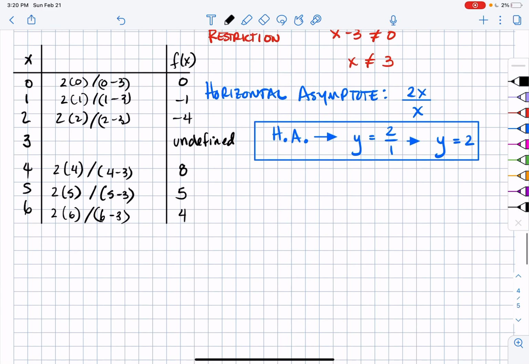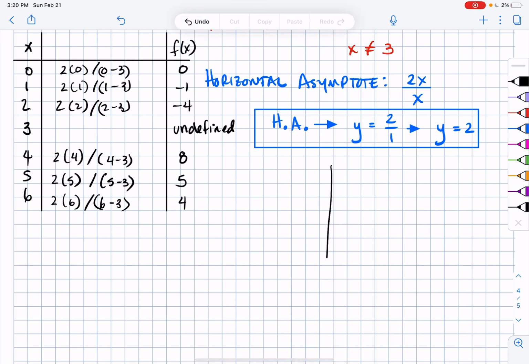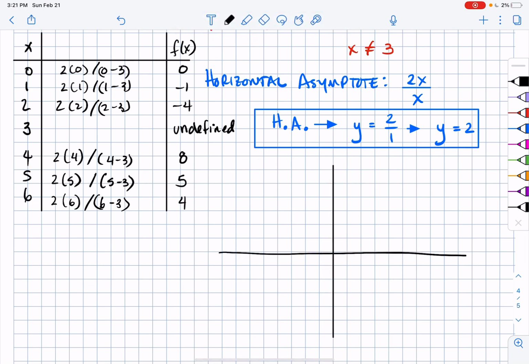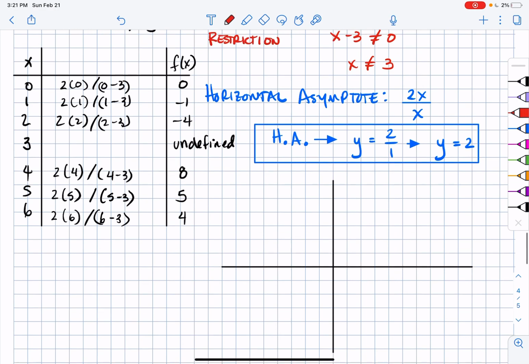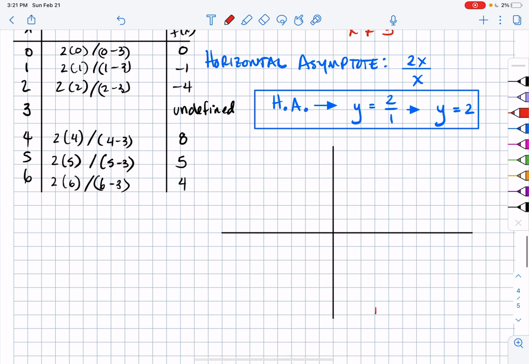Let me draw this out a little bit here since I have the space. What I have here is a vertical asymptote at 3 and a horizontal asymptote at 2.